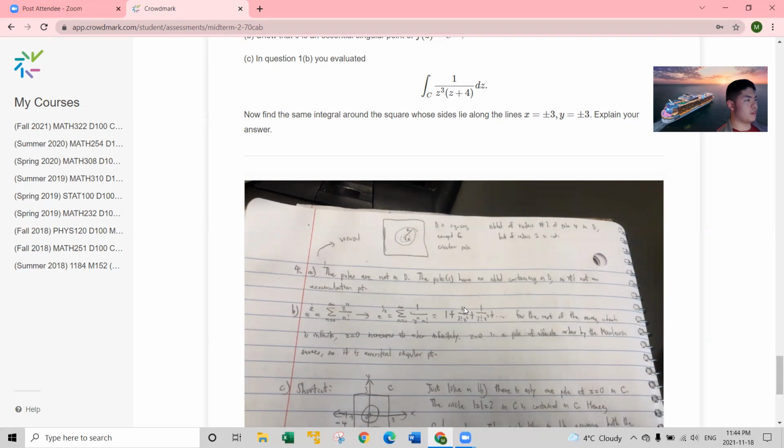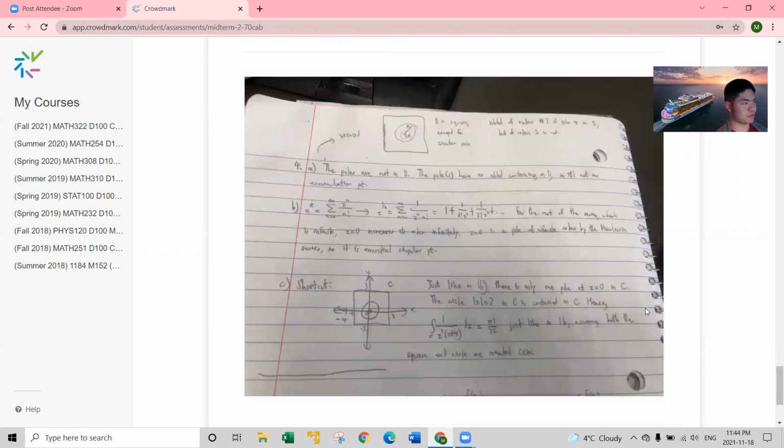Now observe, for the rest of the series, which is infinite, at z equals 0, the order of z increases its order infinitely forever. So z equals 0 is a pole of infinite order by the Maclaurin series, so it's an essential singular point. It's not like a removable pole where it has a finite order.